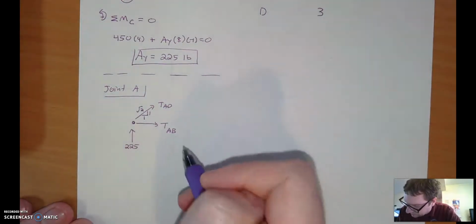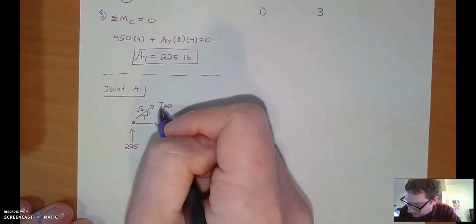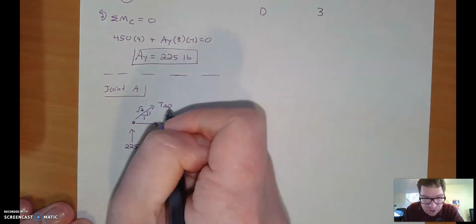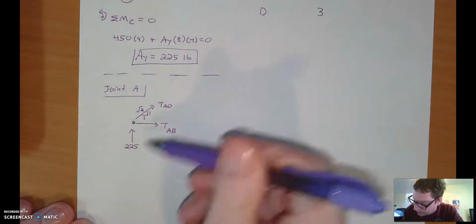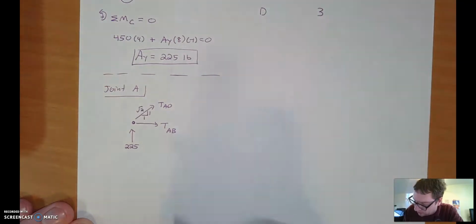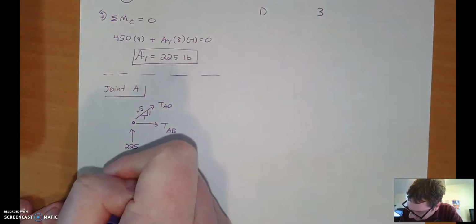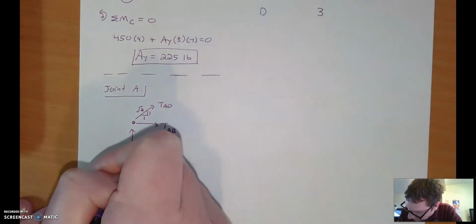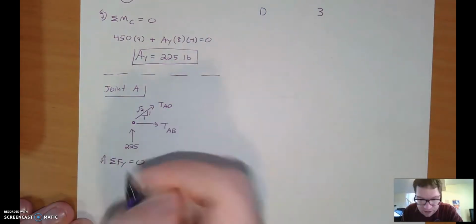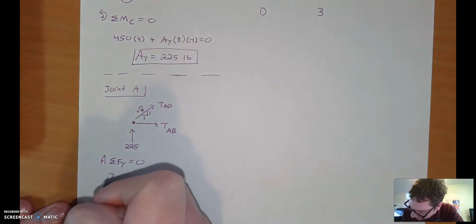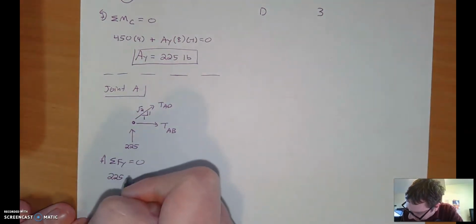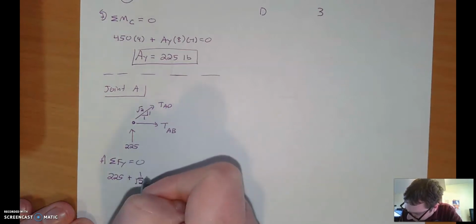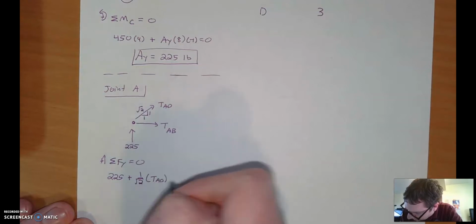So now we want to find TAB, the tension from A to B, and TAD, the tension from A to D. If I work in the X direction first, I'm going to have 2 unknowns. If I work in the Y direction, I'm only going to have TAD. So let's start in the Y direction. Sum of forces in the Y, let's assume up is positive, equal to 0, and this is equilibrium. So I have the 225 pointed up, and then I have plus 1 over root 2 times tension AD, all equal to 0.